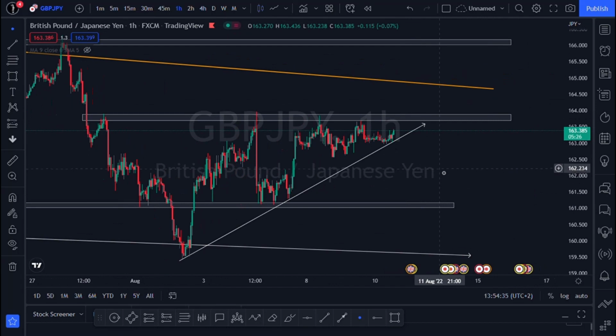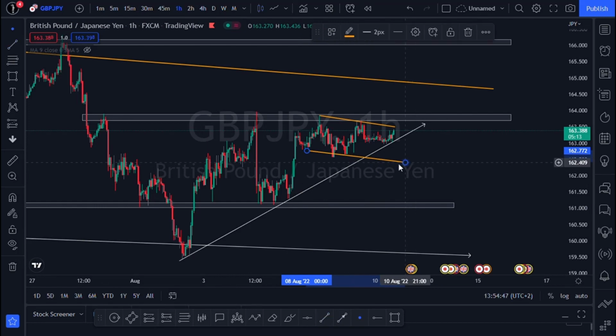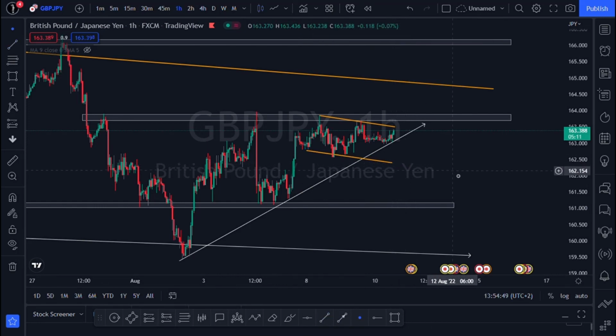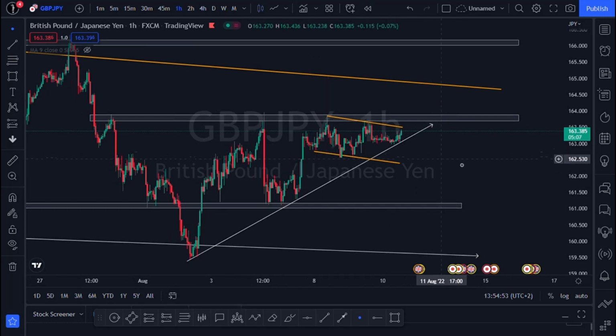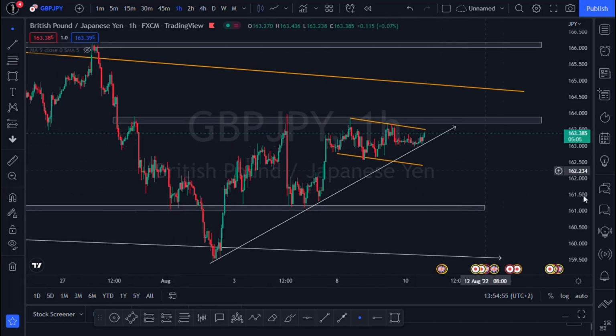Okay, cool. So now that we notice what structure has been giving us, I would now start looking for my basic patterns, the type of patterns that I like to trade: my wedges and my channels. One thing you should remember is that the charts are never perfect.